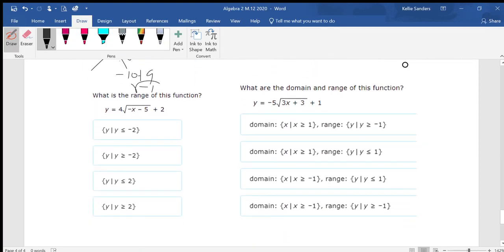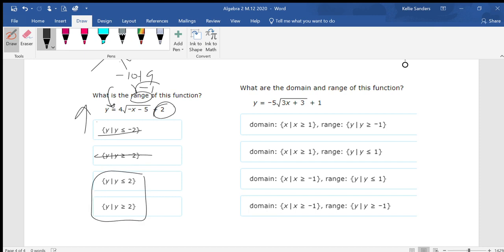So on this one, we're looking for the range again, and the range is going to start at this number, which is positive 2. And we look at this sign, and it's positive, so it means it's going up. If it's going up, then we're going to use that arrow right there. So it's going to be this one. Now we're looking for domain and range. Let's find the range first and kind of narrow it down.